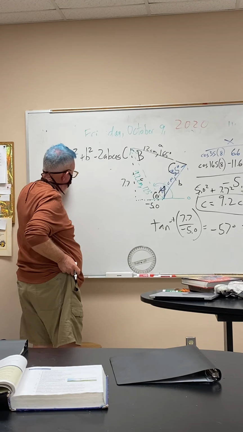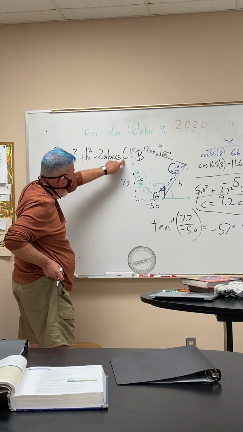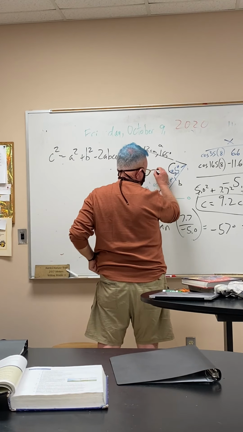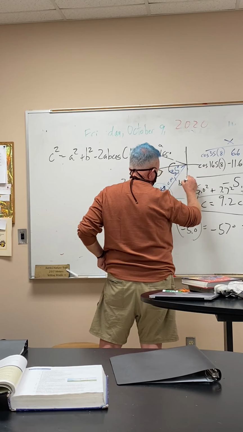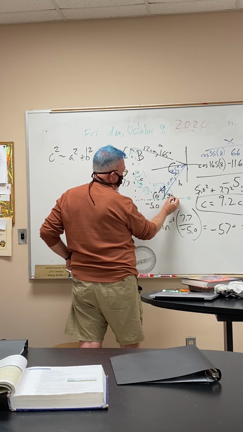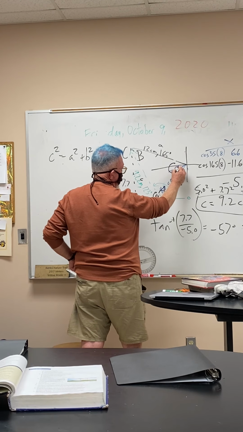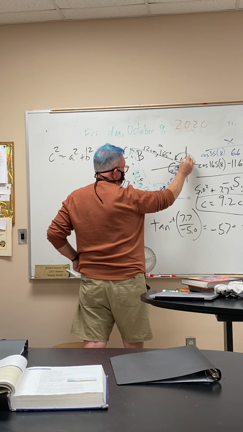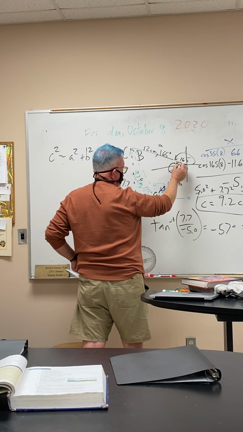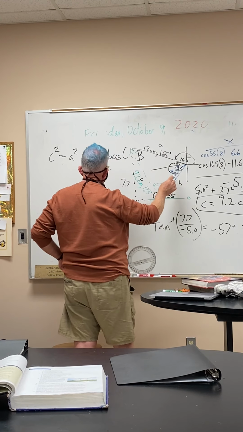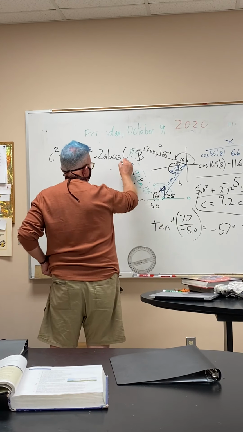Now we can plug in the numbers, but first we have to find what angle C is. We use a little alternate interior method here. If this is 35, then that is 35. And if that is 165, that is 15, because 165 from 180 is 15. So 15 and 35 is 50. So C is 50.